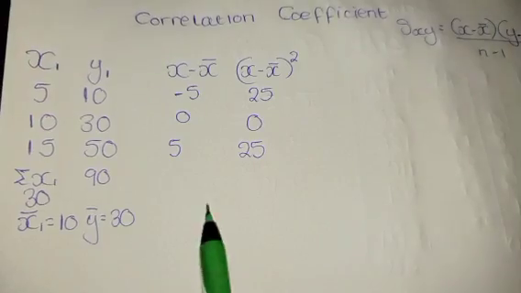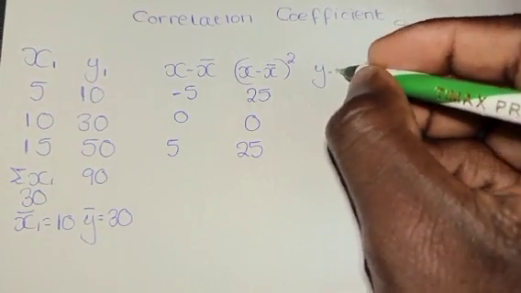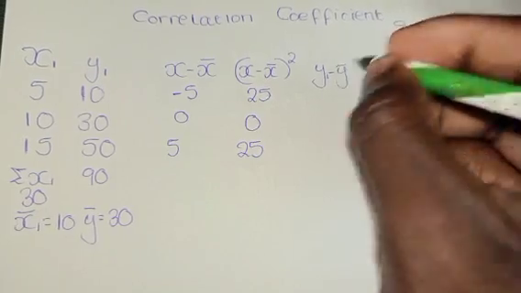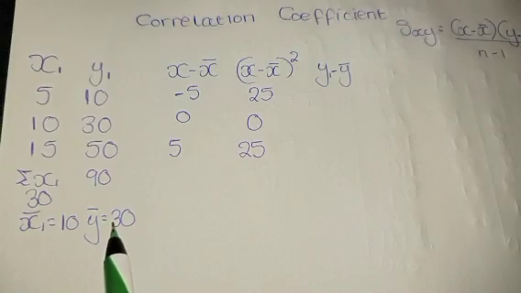Then having done this, we move to y. For y, we have y minus y mean, where we know our y mean is 30.